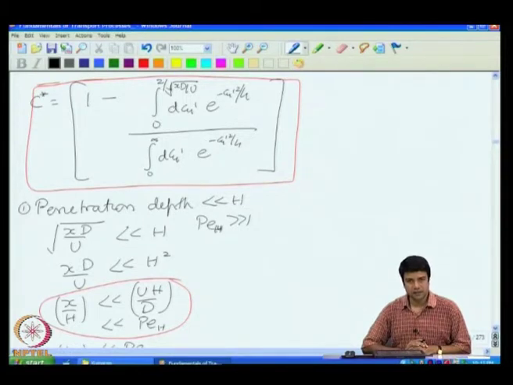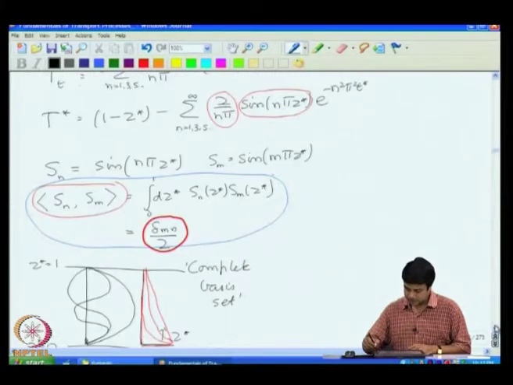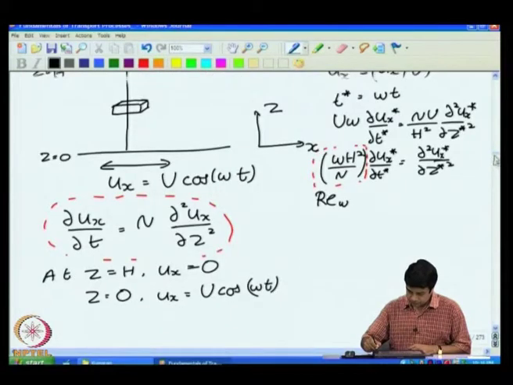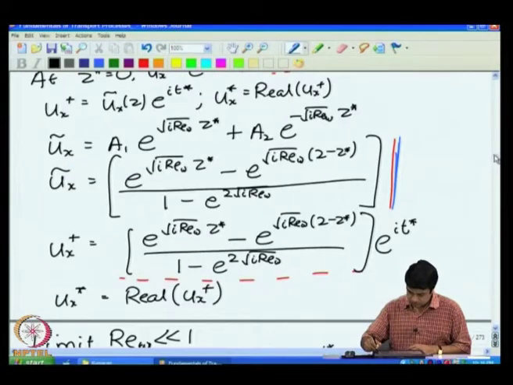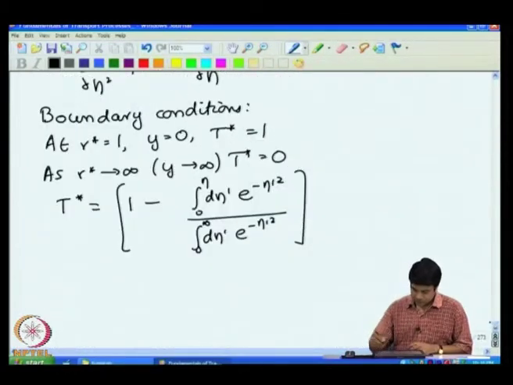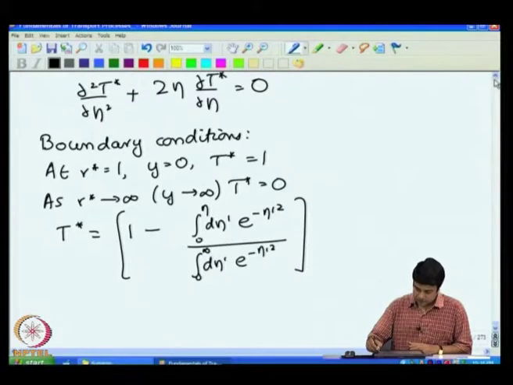The similarity variable in that case was psi, and we got e power minus psi square by 4. Therefore, for any problem where there is a non-zero velocity at the surface, you are going to get a solution that goes as e power minus eta square. So, that is for the temperature field in terms of eta.